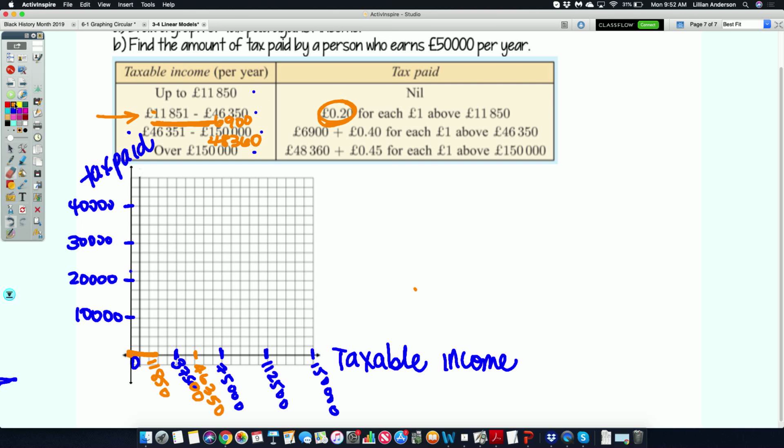So now I need to apply 6,900, which is a little less than 10,000. And then I have my next piece. How do I represent that third segment?